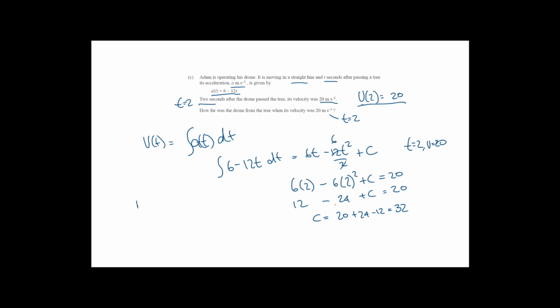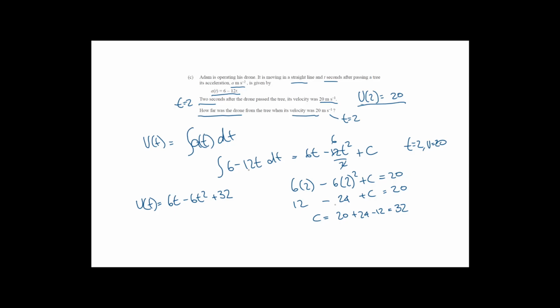So in other words, velocity is going to be 6t minus 6t squared plus 32. And we want to know how far the drone has gone when its velocity is 20 meters per second.